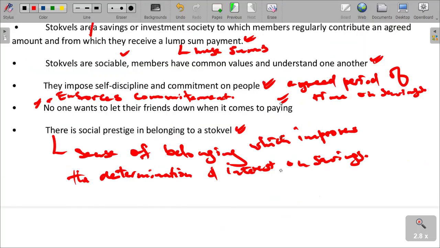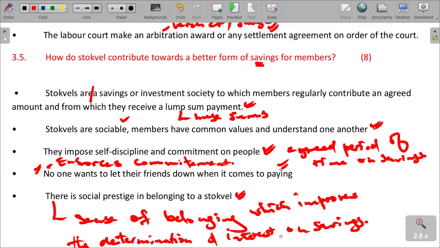Stokvels would also sometimes want members to showcase their achievements at the end of the Stokvel season or period.